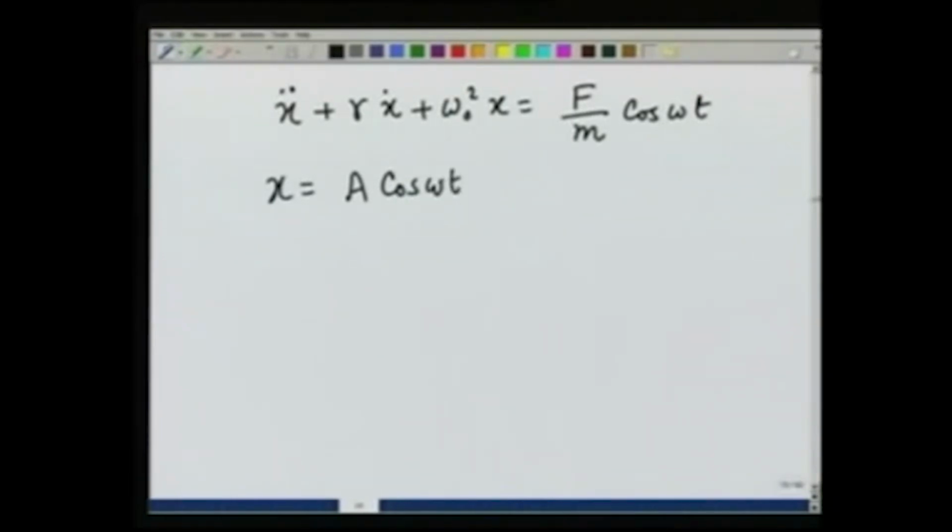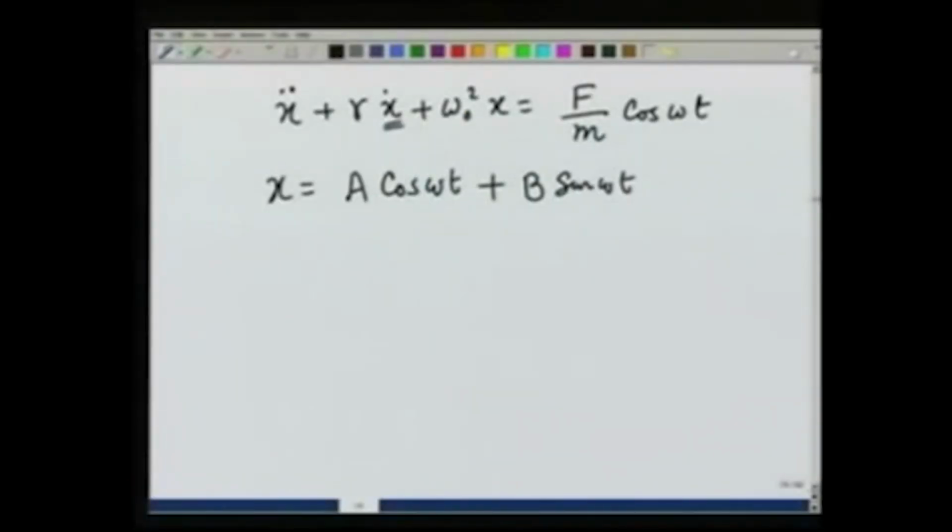However, you see that when I take its first derivative to put in this term, I get a sine omega t term. Therefore, in general, I should look for a solution of this form, a cosine omega t plus b sine omega t. So, you see right away that the solution is not in phase with the applied force, or its phase differs.